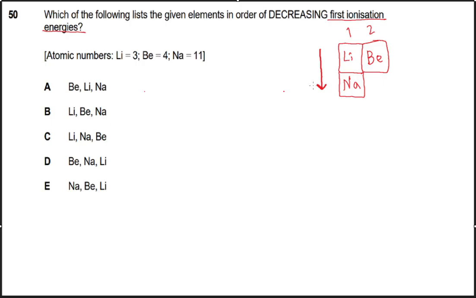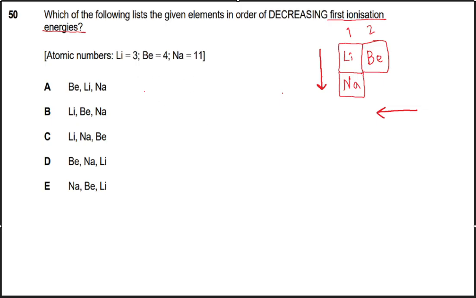And also if we go from right to left, the ionization energy decreases. Vice versa, it will increase as we go up and increase as we go to the right. But here we're moving from right to left.